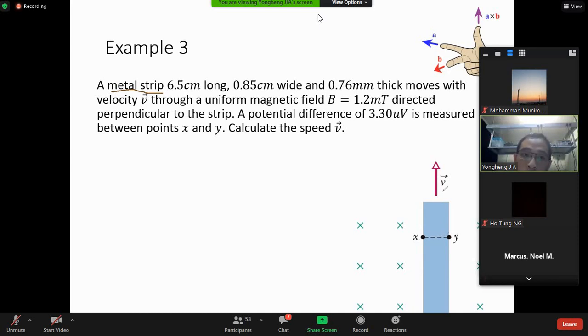And if we move this metal strip in this magnetic field, the carriers will move since they suffer from the magnetic force. Suppose there is a positive charge here. If the metal strip is moving in this direction, the positive charge will suffer from a magnetic force, I think in this direction, right?